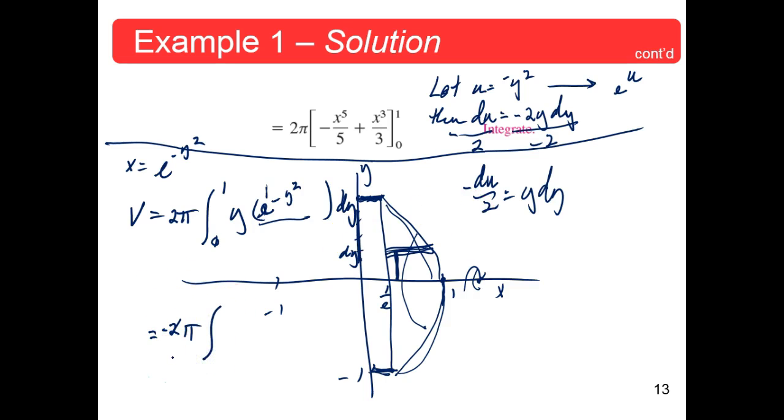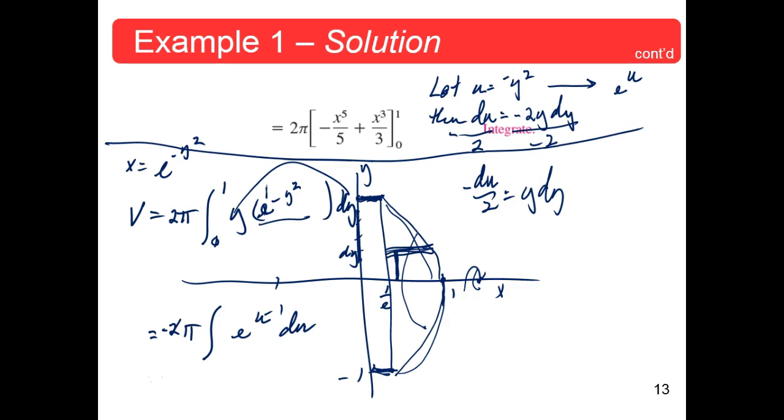Okay? Now this is going from, we haven't decided what it's going from yet, but your argument here, the y dy is that negative, so that's going to be your du, because we already pulled out the negative 1/2. Okay? And the u part, this is e to the u. Okay. Do you see that that gives you that? Okay?